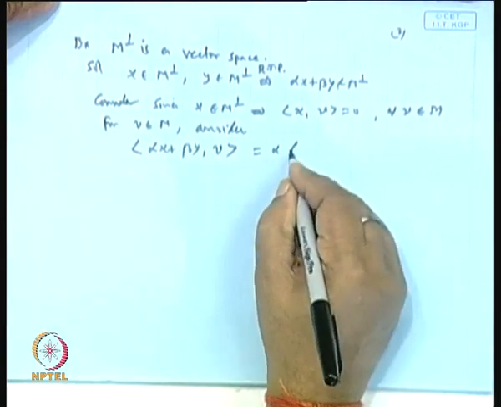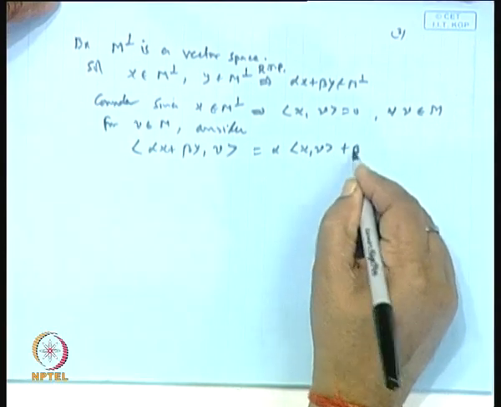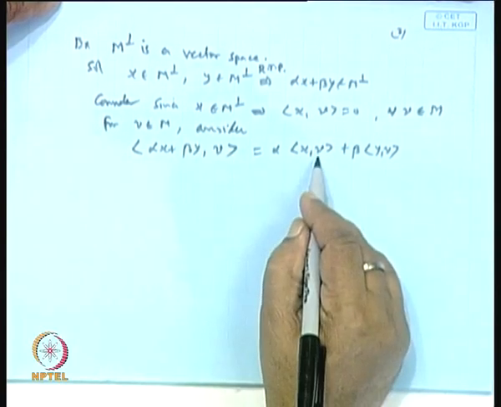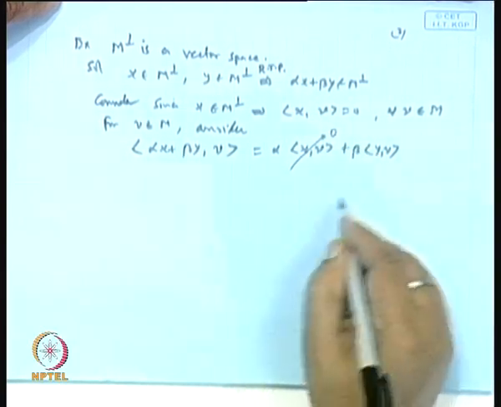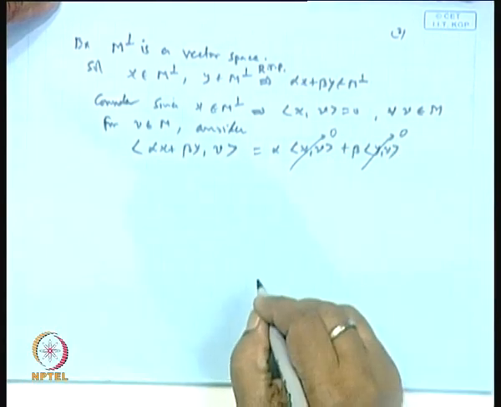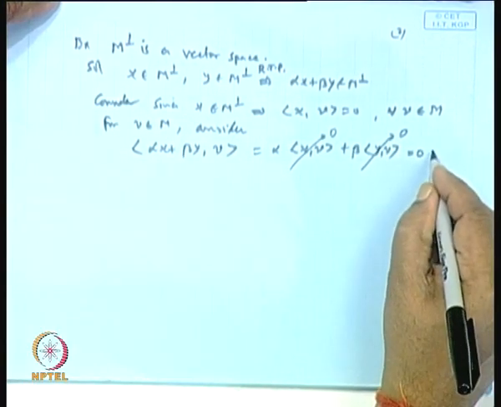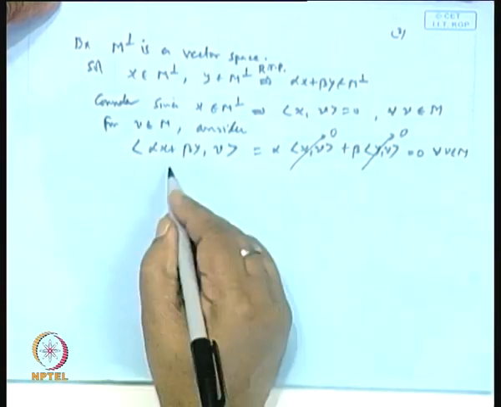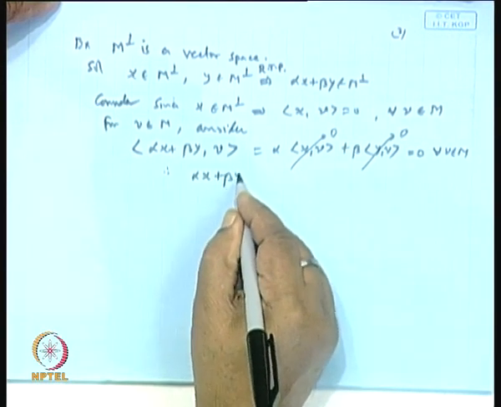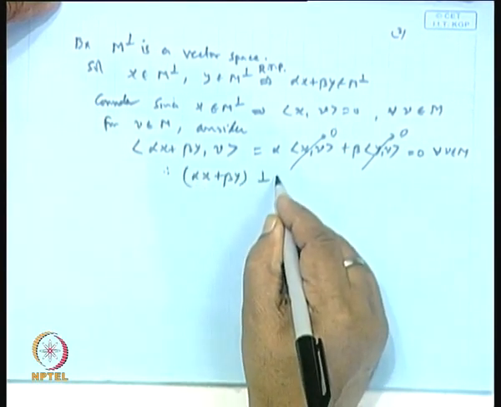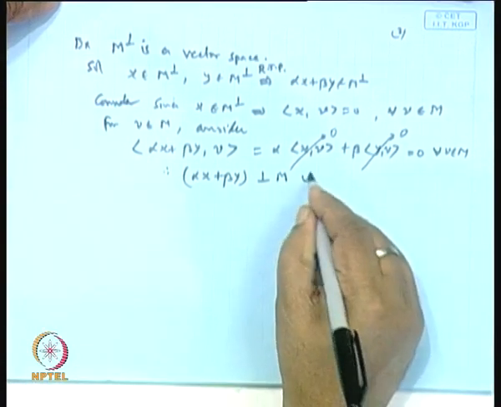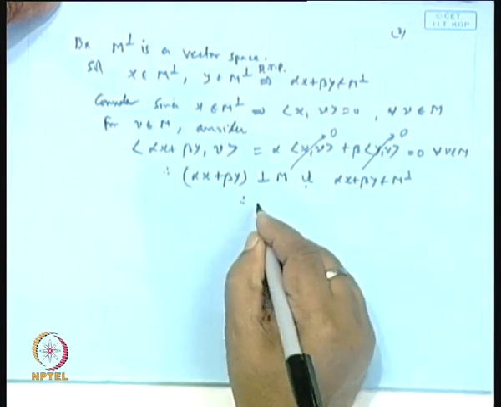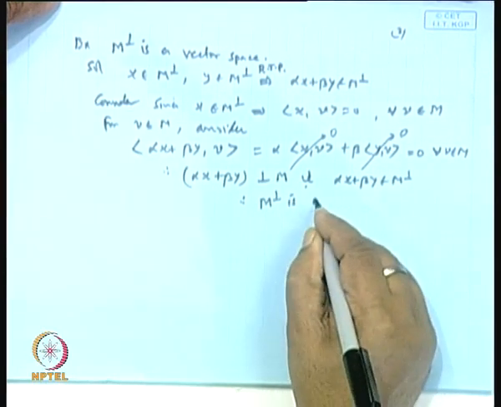Now, this can be written as alpha times the inner product of x and v, plus beta times the inner product of y and v. Now, x is an element of M perpendicular, so this inner product will be 0. y is an element of M perpendicular, so this inner product will be 0, total is 0 for every v belongs to M. Therefore, alpha x plus beta y will also be an element of M perpendicular. So, M perpendicular is a vector space.